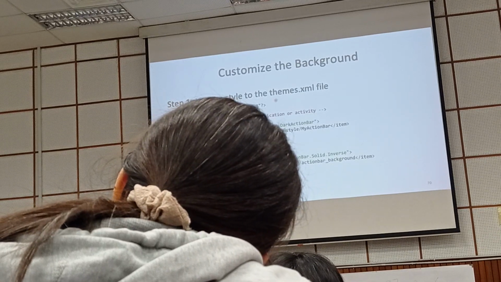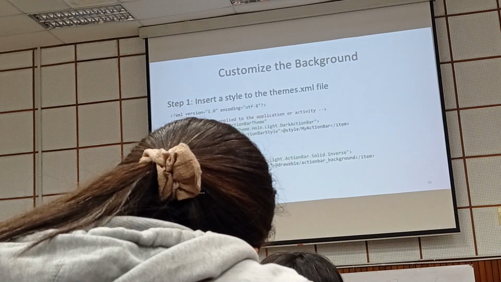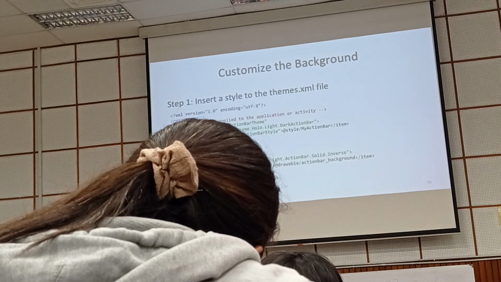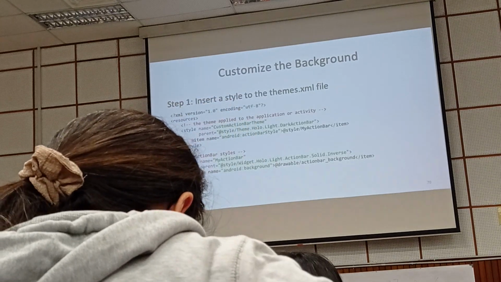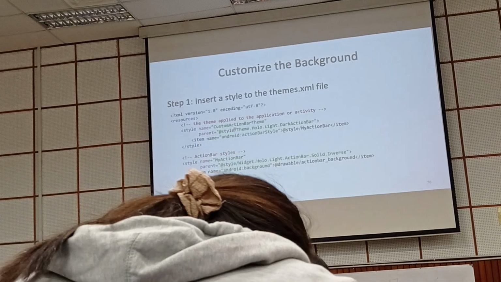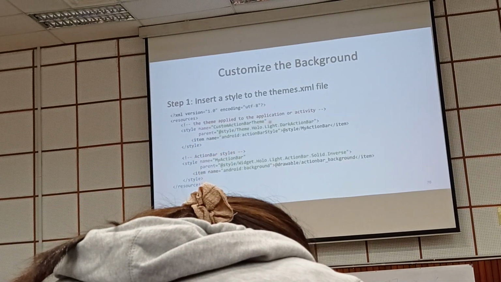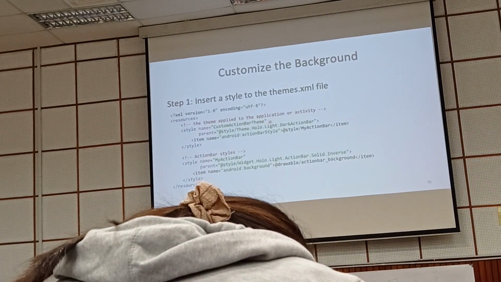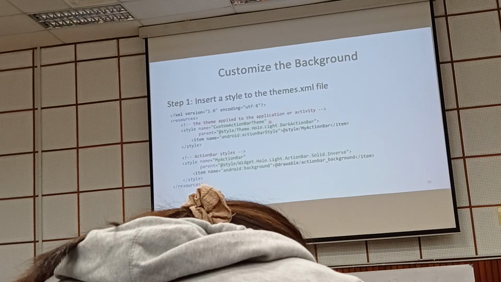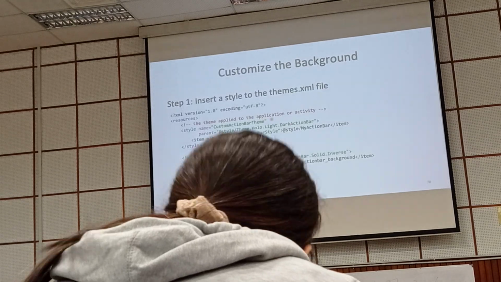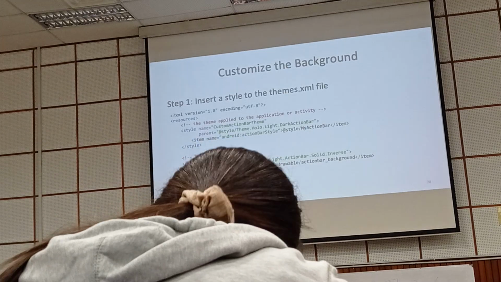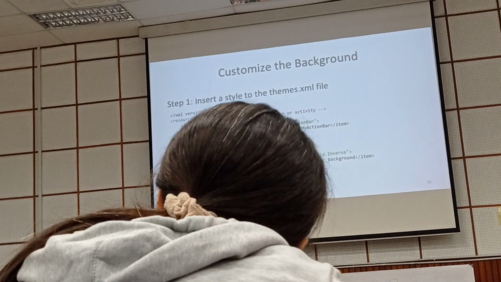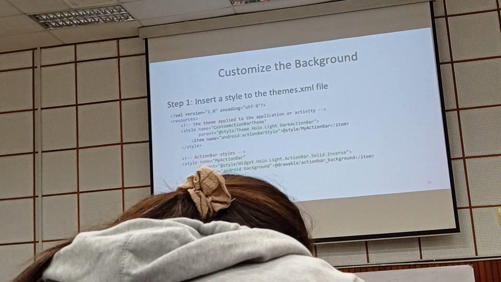Inside the theme file, you will find a collection of styles, each affecting maybe a single part of your app. So for instance, this one, custom action bar, it only affects the top part of the screen, the action bar. So it applies to a single screen. This is another one, and I say I want it to be the action bar background only.